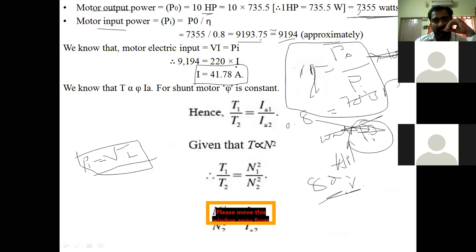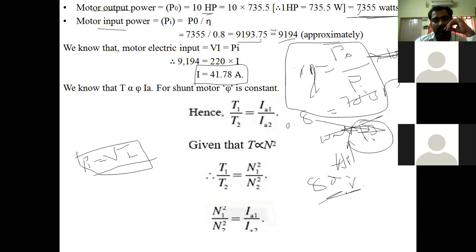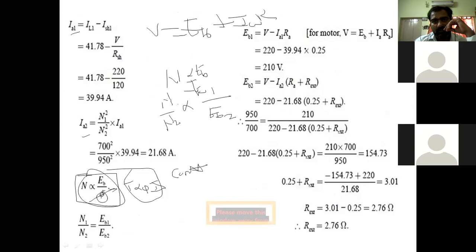He has considered the two speeds, 950 rpm to 700 rpm. How much armature resistance is to be inserted? That's why we consider Eb at speed N1 and Eb at speed N2.